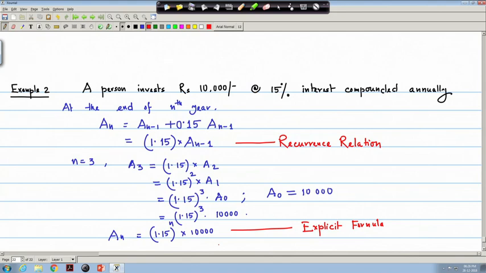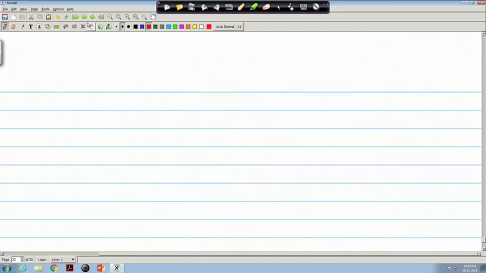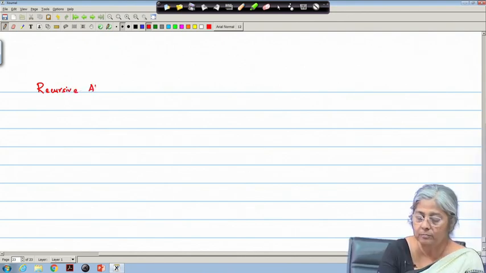Now, we have read the recursive algorithm also. For the same example I can write the recursive algorithm.